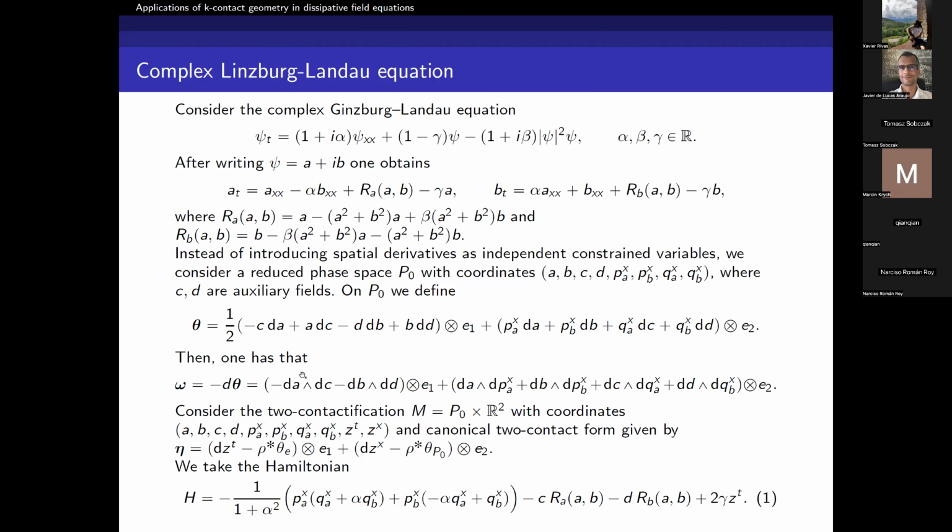We can calculate the k-symplectic form, and do a contactification that allows us to calculate the k-contact one form. We can guess that the Hamiltonian may look like this, and this is the Hamiltonian that recreates the partial differential equation.